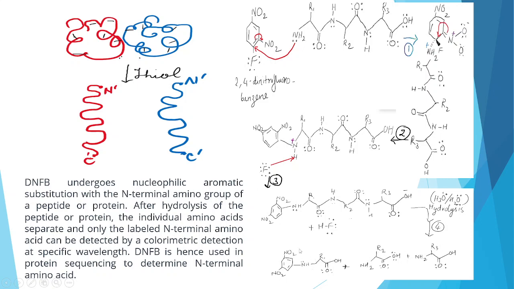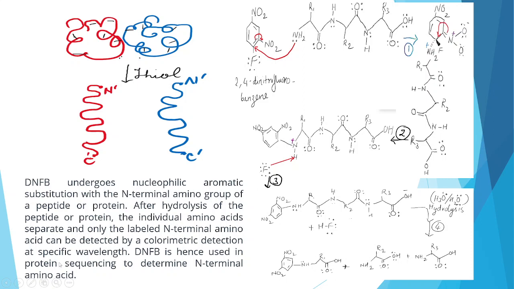while this will be colored, and this can be obtained. These all can be run on chromatography, and this will be yellow in color, and this can be released and collected and followed for the identity of this terminal amino acid.